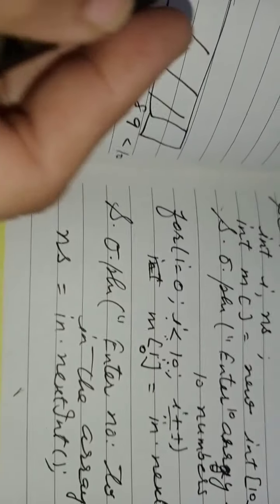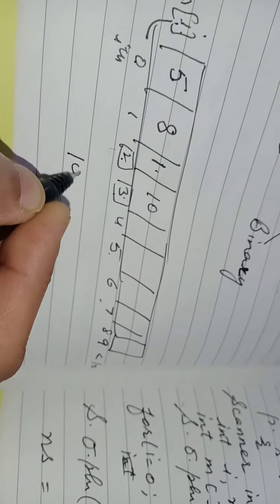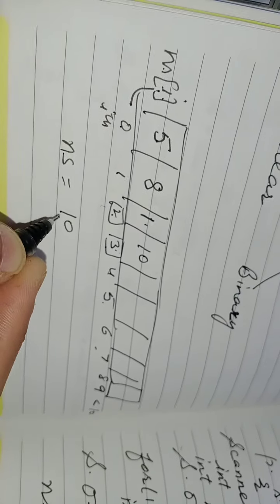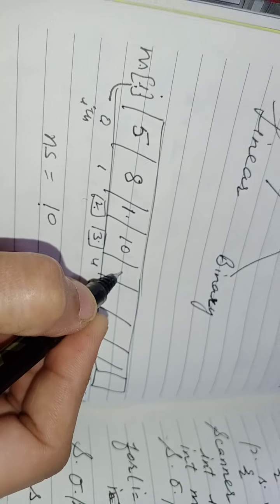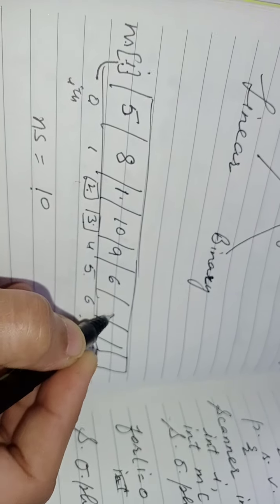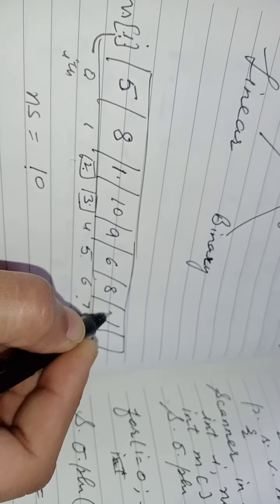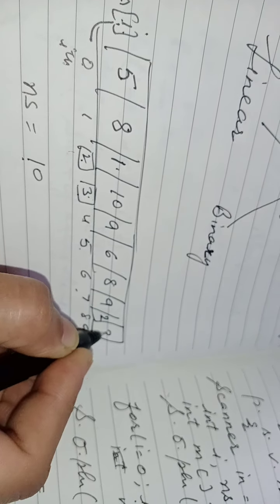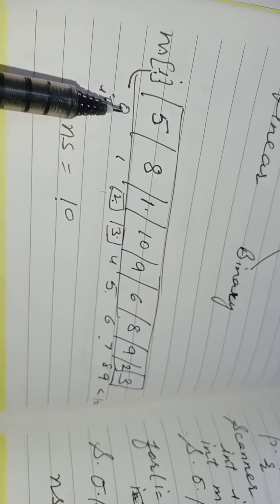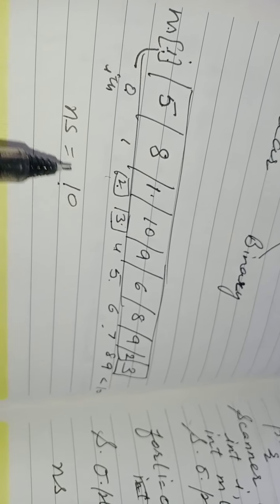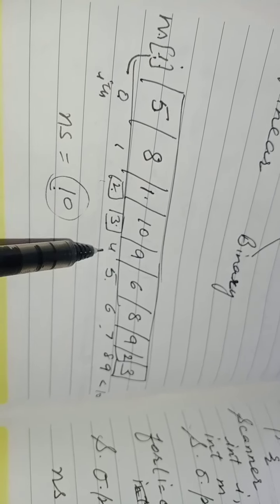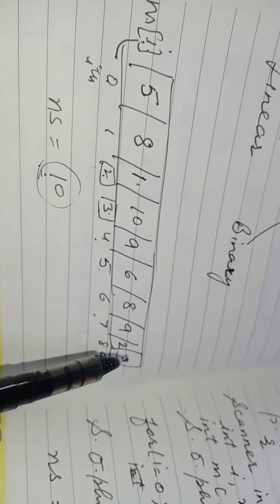Whatever number the user enters, suppose the number is 10, that is in ns. Let me complete the other numbers. These are the elements in array m, and we have to search number 10 in it, whether number 10 is present in this list or not.